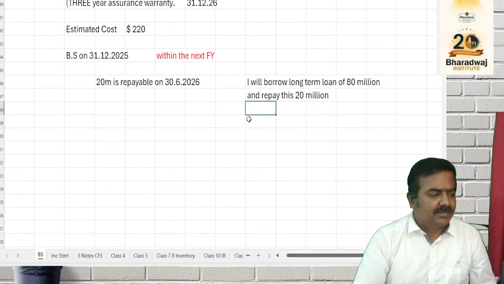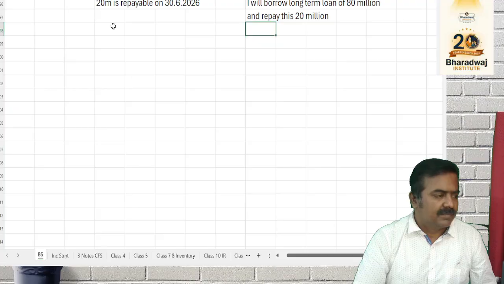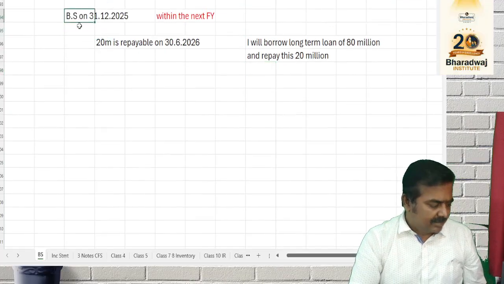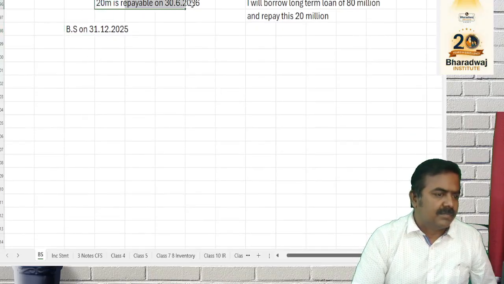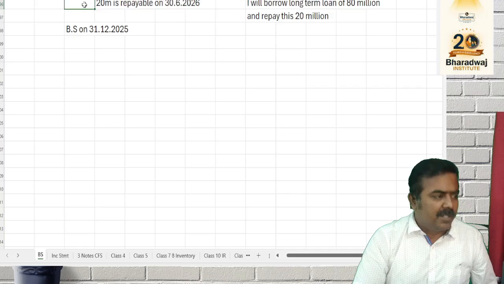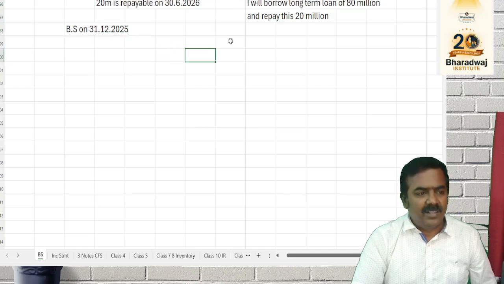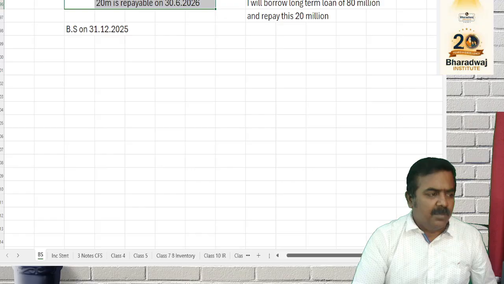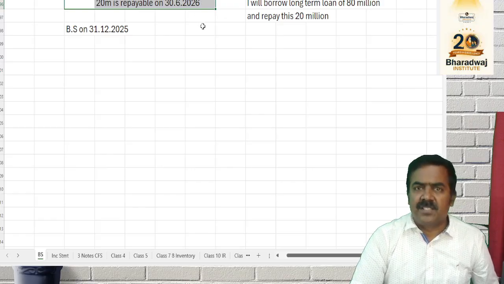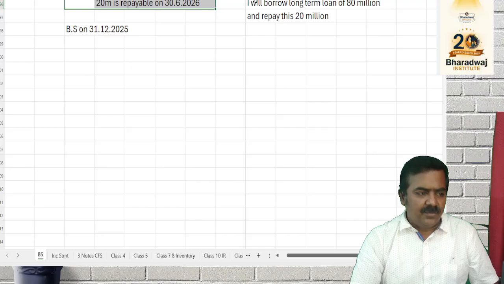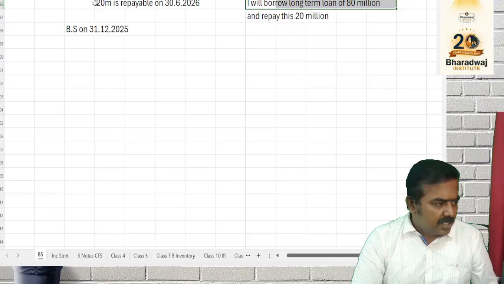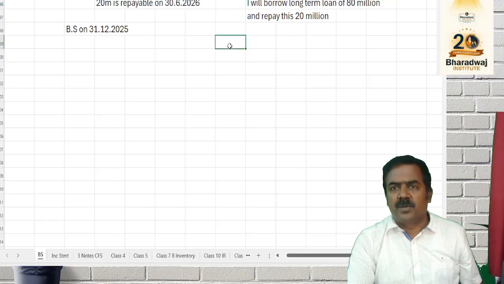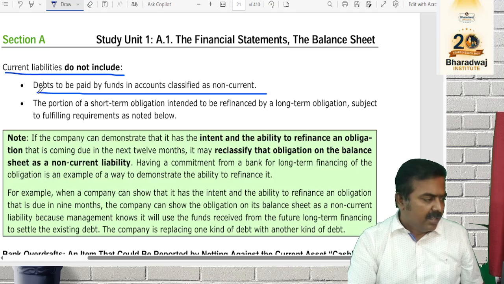Then everything becomes long-term. Why? Because this 20 million, are you going to pay it out of short-term funds or long-term funds? Long-term funds. So the entire 80 million becomes long-term funds, and this 20 million will be called a non-current liability.